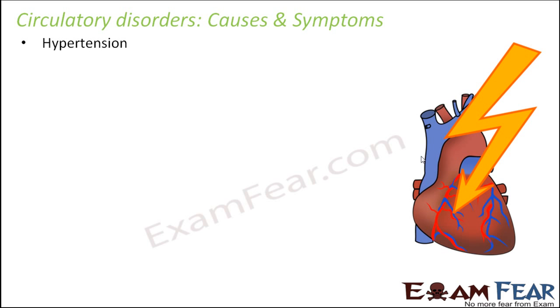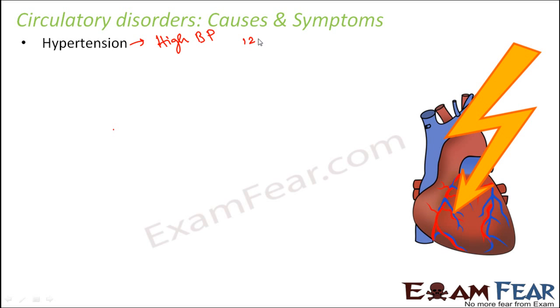So we will start with hypertension. This problem of hypertension is often referred to as high BP, that is high blood pressure. So basically it means whenever the blood pressure is anything greater than the normal blood pressure, depending upon the age of the patient.